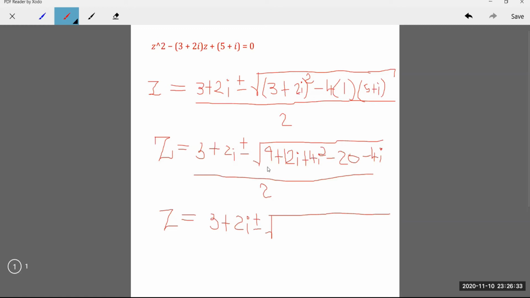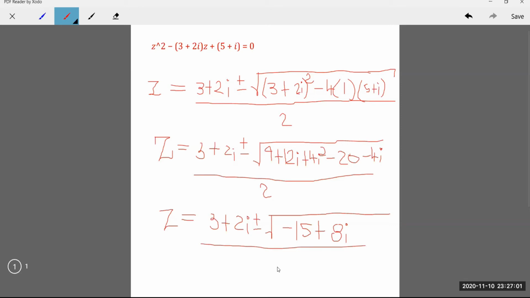Negative 4 plus 9, that's 5. 5 minus 20, that's negative 15. And then we have 12i minus 4i, that becomes plus 8i. So we get negative 15 plus 8i, and it's being divided by 2.